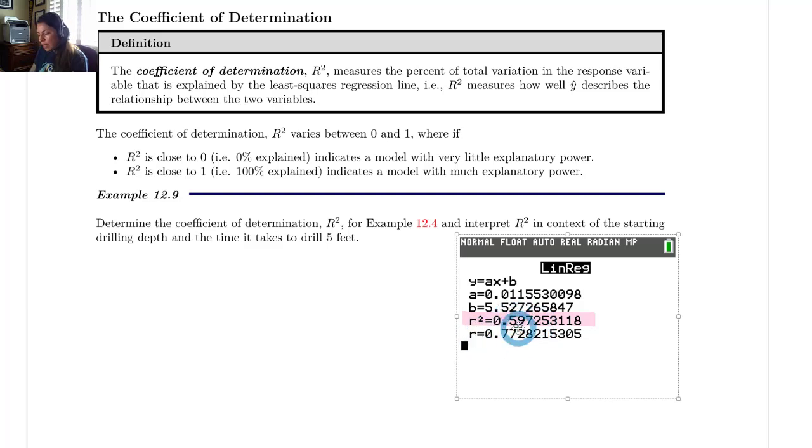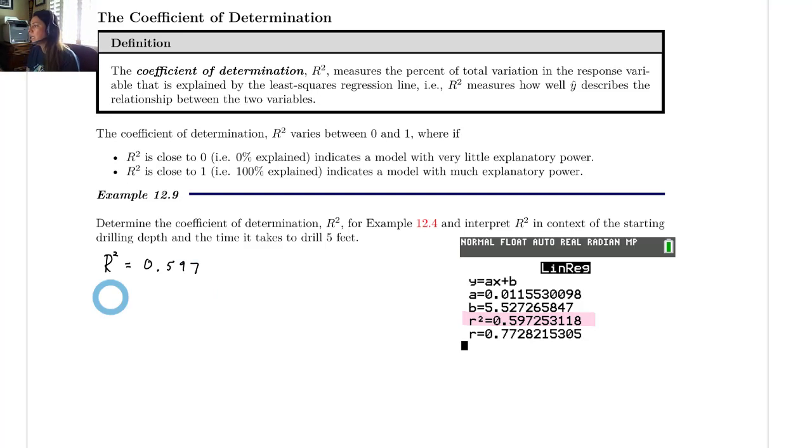So rewriting this, r squared, which is the coefficient of determination, is 0.597. And that's just the numerical value. And now I need to go to my boss in my drilling rock company and explain this to him.